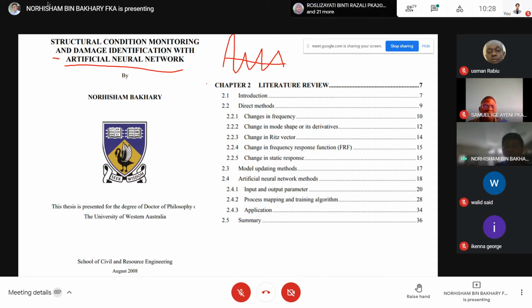It means that in my literature review, I must be able to explain the trend of the study. Previously, the direct method was the conventional mathematical methods, which people normally categorize into 5 categories. So I had to understand them one by one.